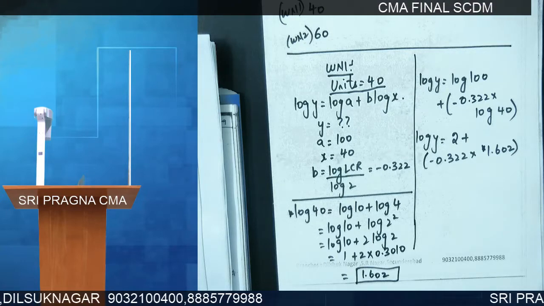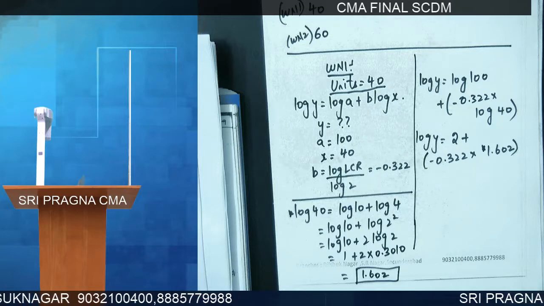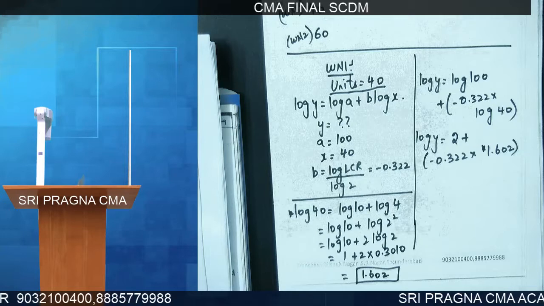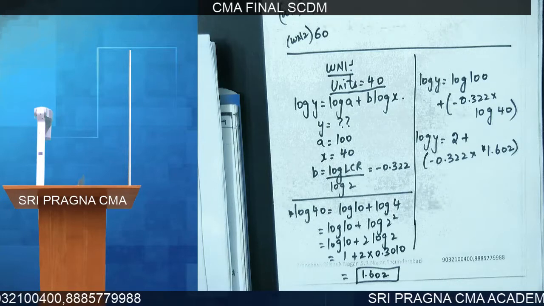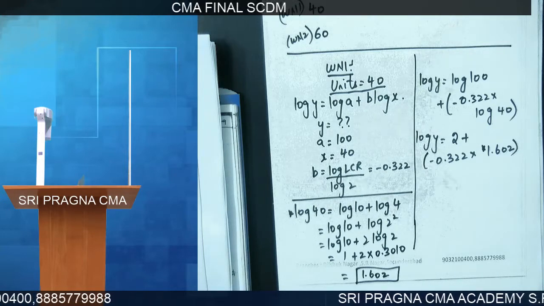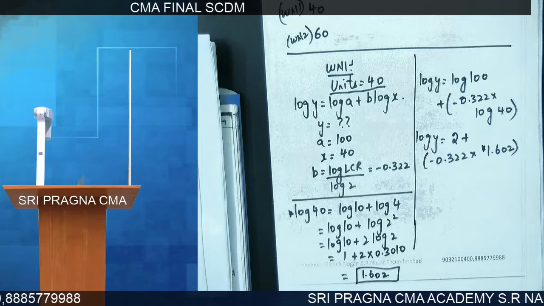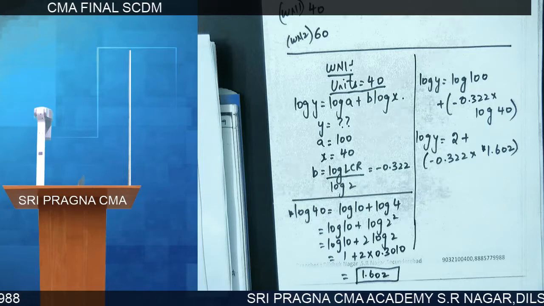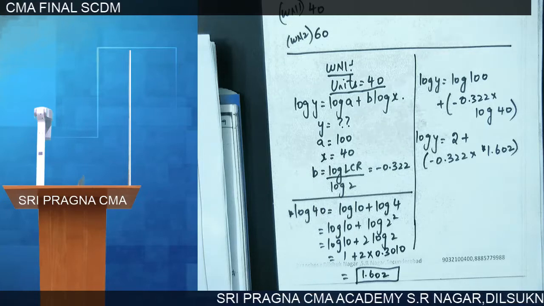I am just clarifying that our answer is correct. I am explaining how to do it in the exam without using log tables. We'll do all problems today without using log tables; don't worry, I'll teach you how to do that. Clear till here? Multiply these two and add 2.